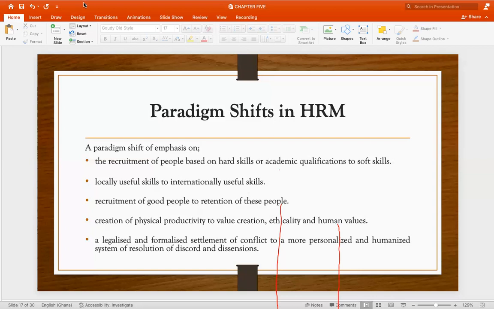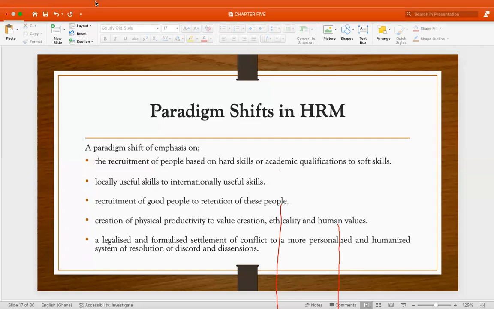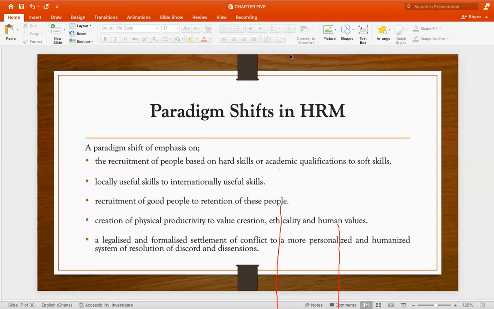From recruitment of good people to retention of those people. You may recruit good people, but if they come and the human resource management is not good, you don't take care of those people, you will not be able to retain them. So the emphasis is not about recruiting the good ones, but how to retain those people is where the shift is.